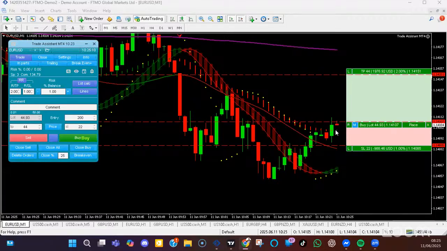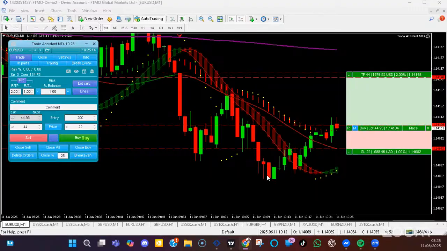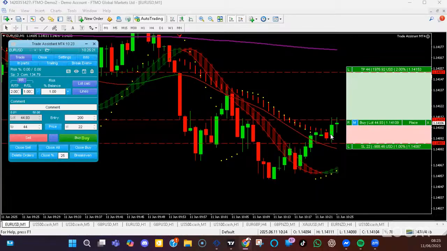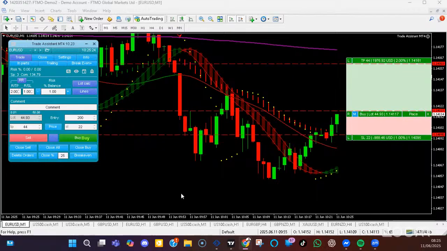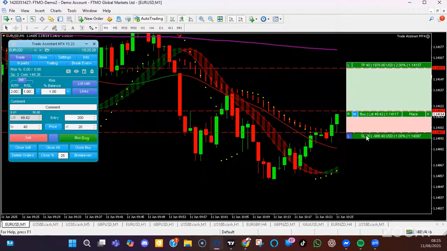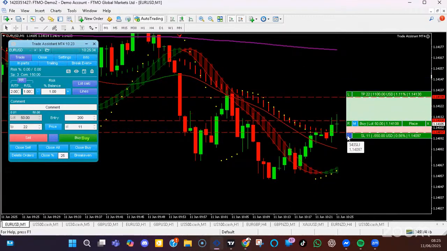Right, the wave has just turned green. We haven't got that all-important buy alert yet. So if price goes here, I will lock my stop loss in just underneath there. I think I might do that now. Maybe a bit premature. Indeed.